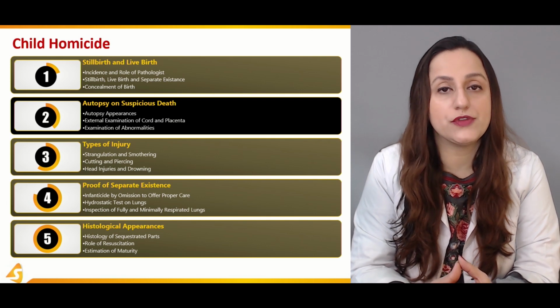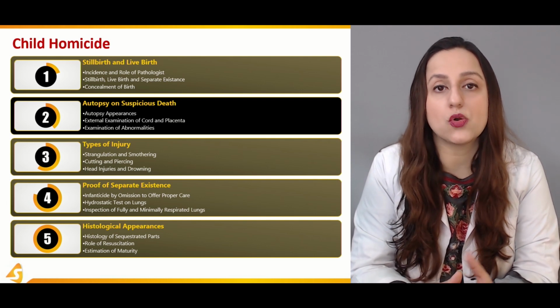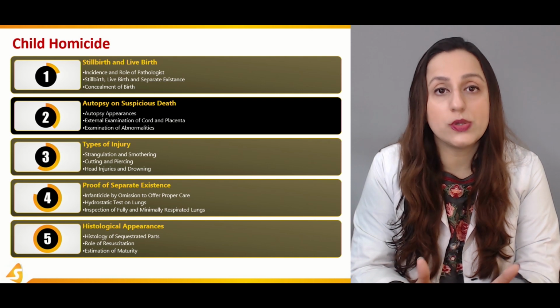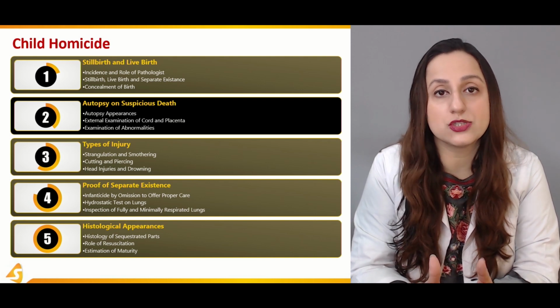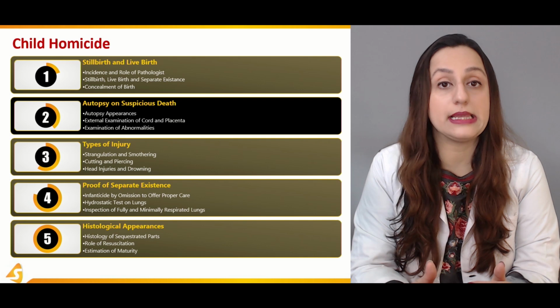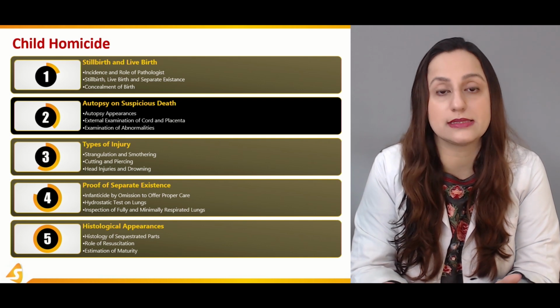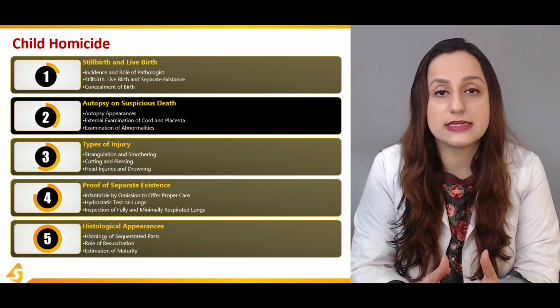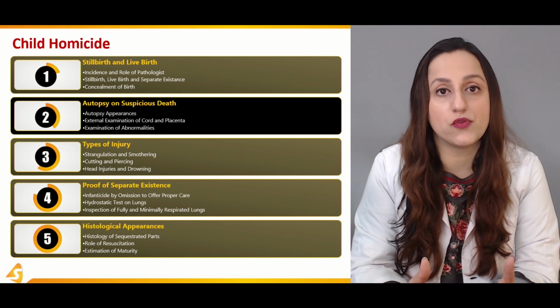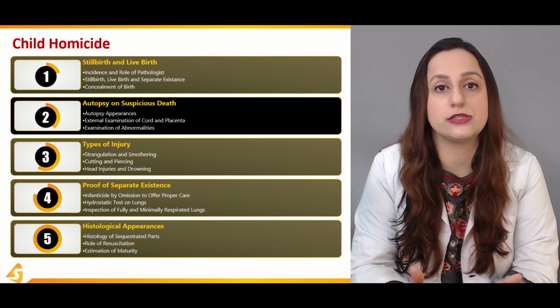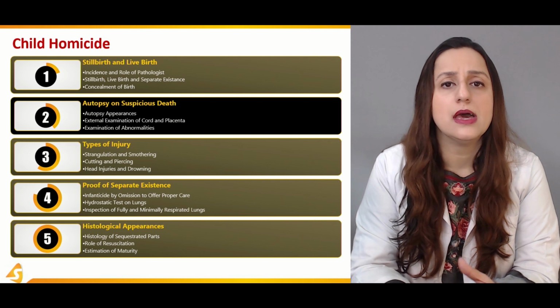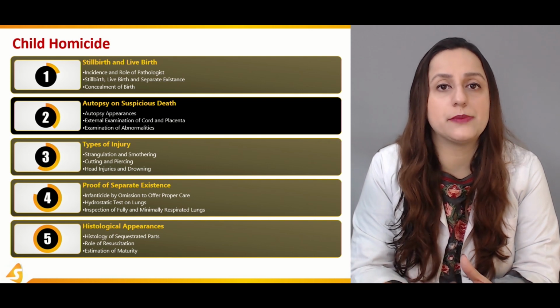Now, the examination of abnormalities: the fetus or the infant or the neonate has to be examined for any signs of abnormality that can point towards natural causes of death, and that can be written in the autopsy report, that the child was suffering from a particular abnormality.